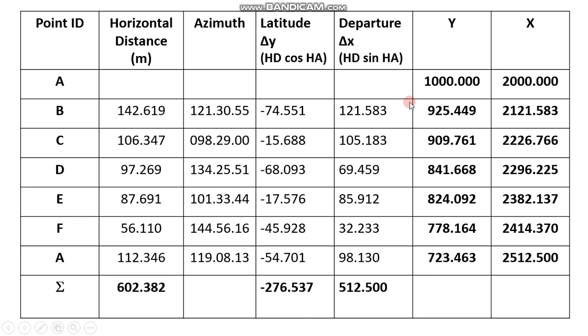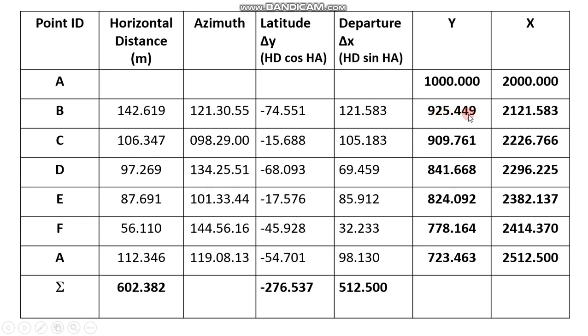So now to find the coordinates for point B, we'll use the coordinates for point A. For the y coordinate, we say 1000 plus negative 74.551, we get 925.449.